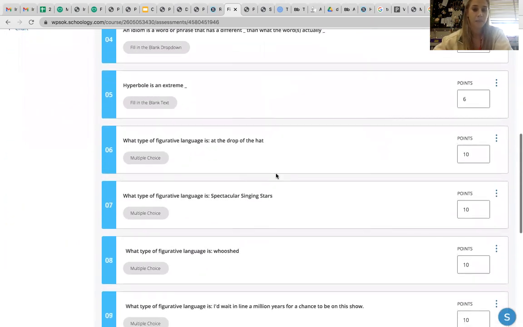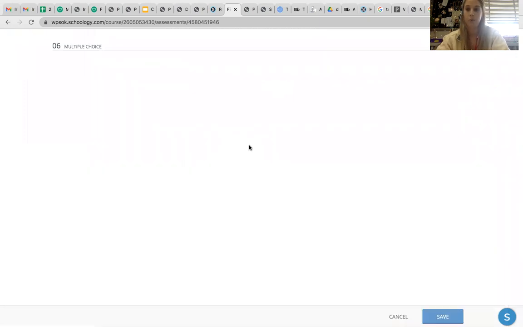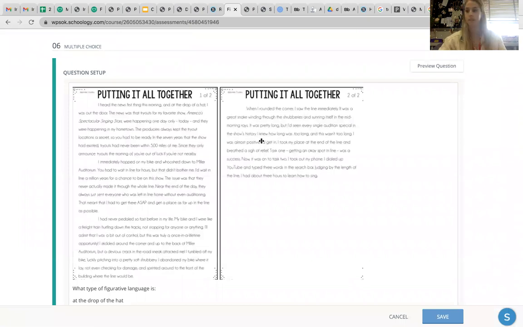And then I have a little reading image over here that we're doing in class. This is what it looks like on paper, but I understand some of you are not able to be here. That's what it looks like.